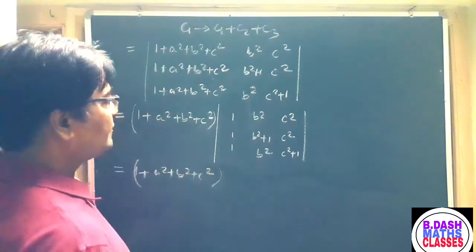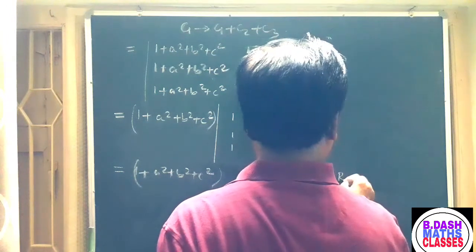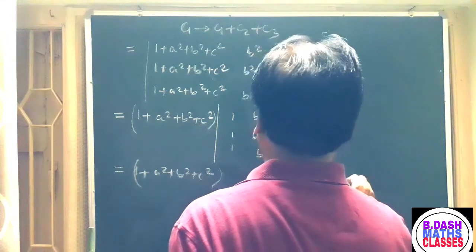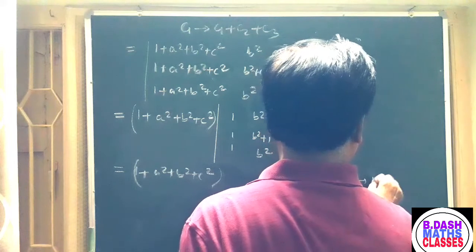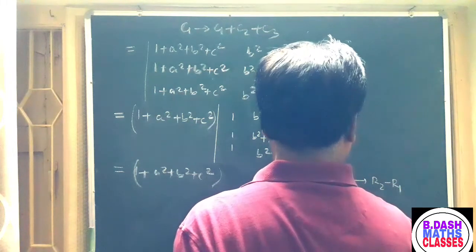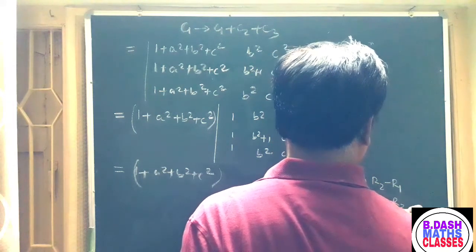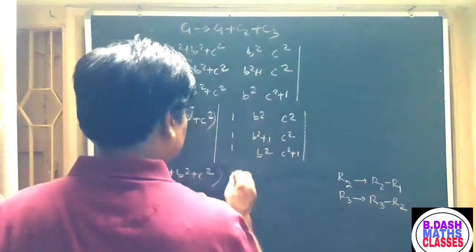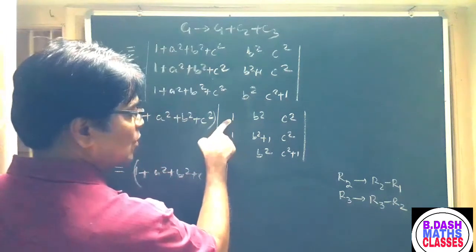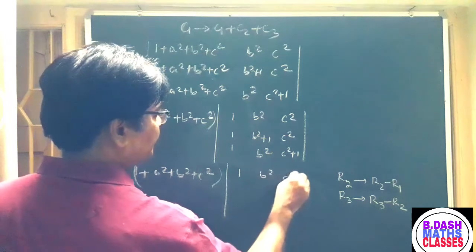Now replace row 2 by row 2 minus row 1, row 3 by row 3 minus row 2. If we replace, the first row will remain as such.